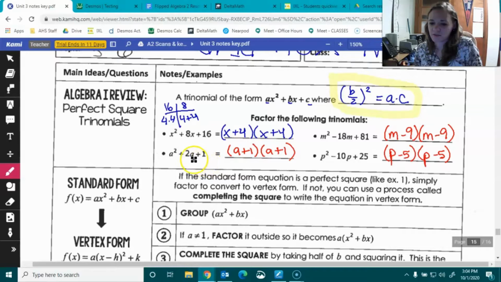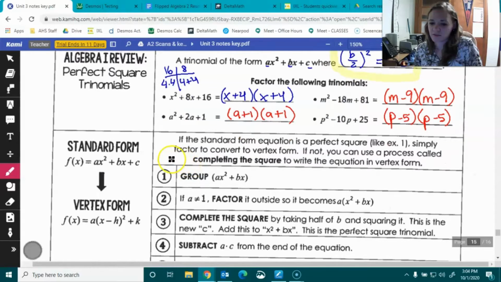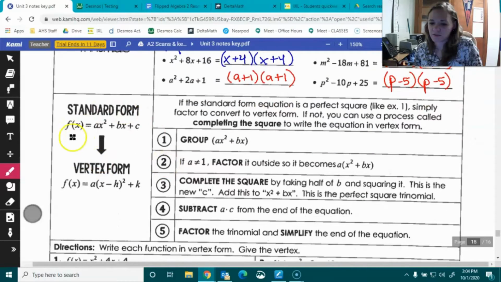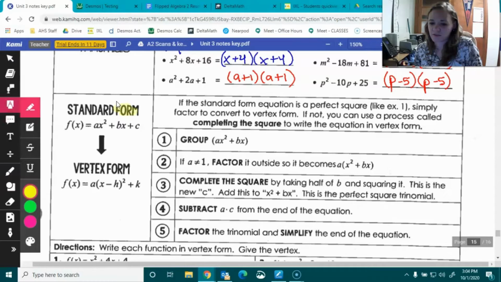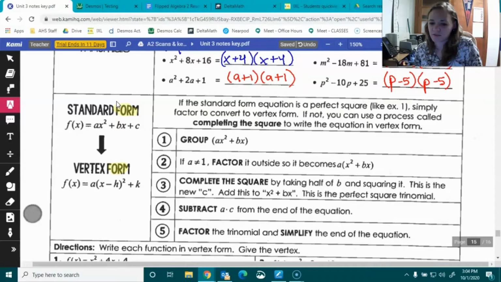Okay, so to see how that is going to treat us when we do this next skill. The skill we're about to do is to go from standard form to vertex form. All we're doing is changing the form of our quadratic. The standard form, standard is ABC, and then vertex form is always going to be this.